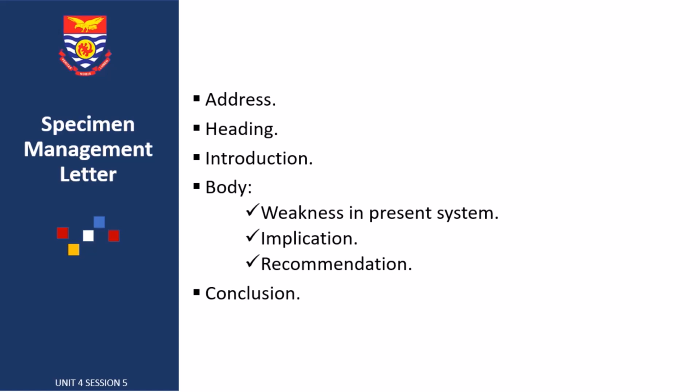For that, you provide a general conclusion. So this is the specimen. When you take a typical management letter, a letter from the auditor to management, basically it contains these items.